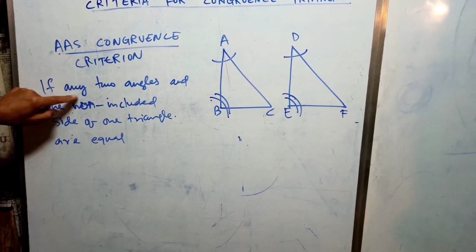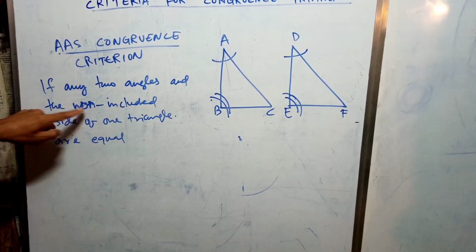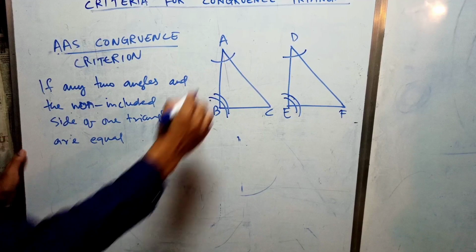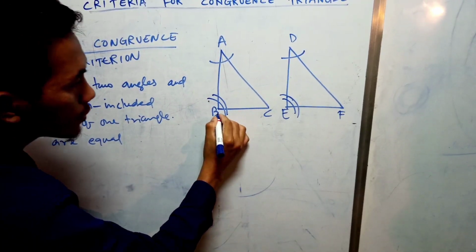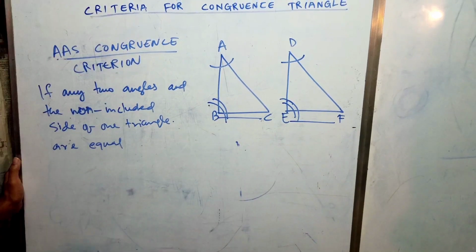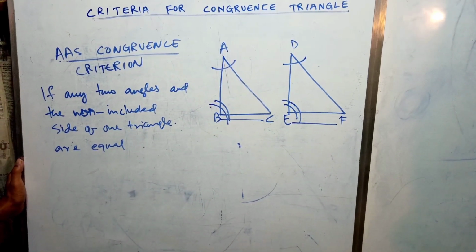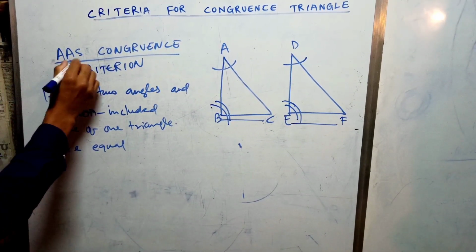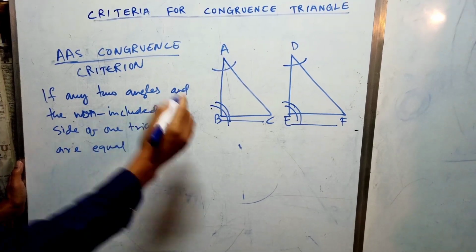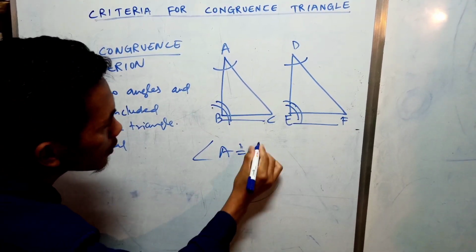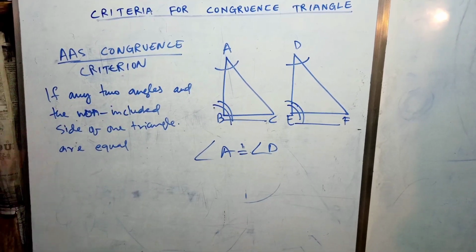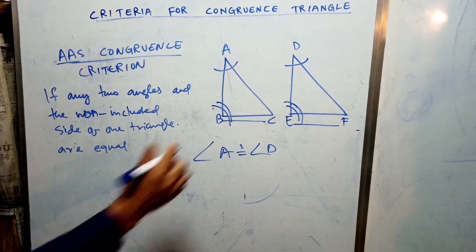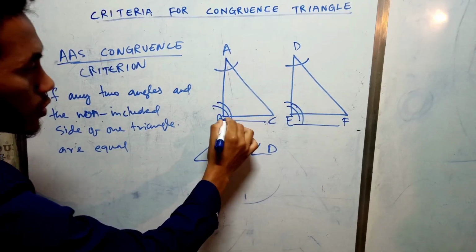AAS: if any two angles are in the non-included sides, for example BC and EF, then we can say that it is AAS congruency. Now angle A must be equal to angle D if any two angles are in the non-included sides.